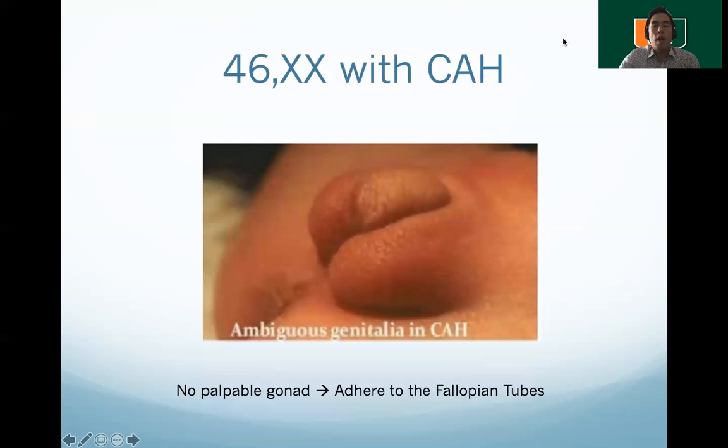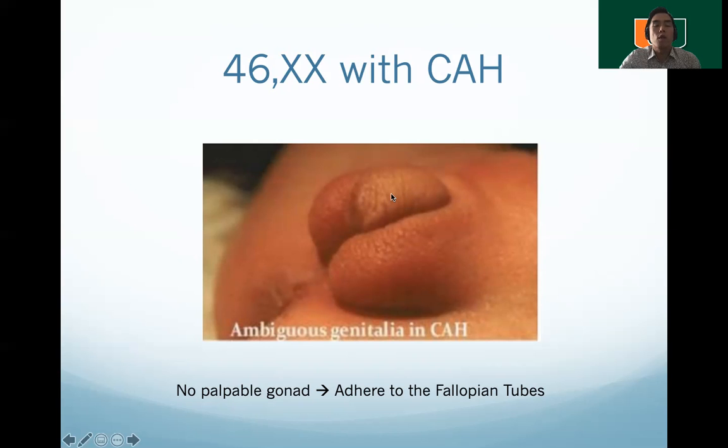This is an example of what's happening in a 46XX with a severe form of CAH, where they make enough androgen to masculinize external genitalia. You can see that there's a fusion of the labia, right? What's supposed to be labia now looks like scrotum, and there's a phallic structure, right?